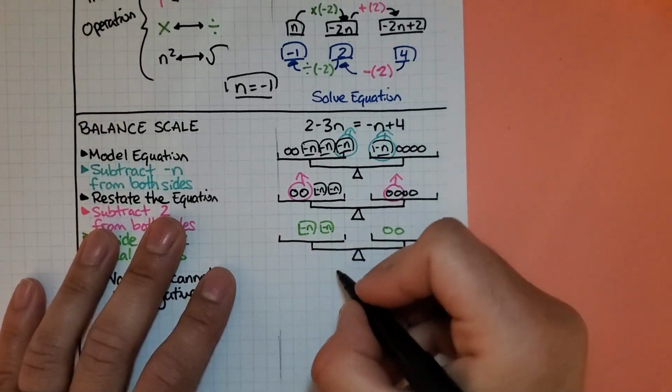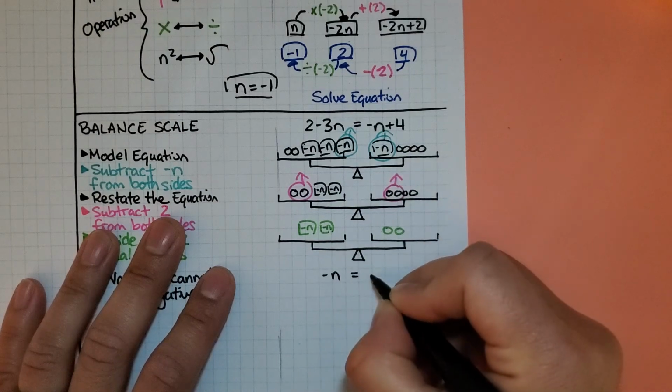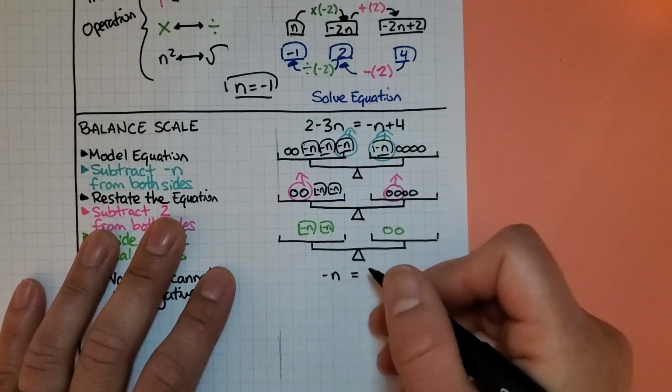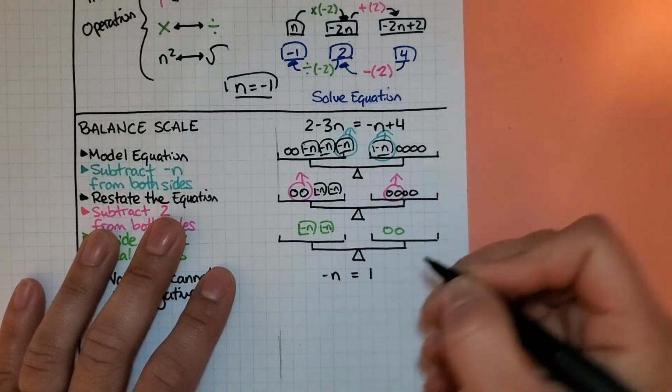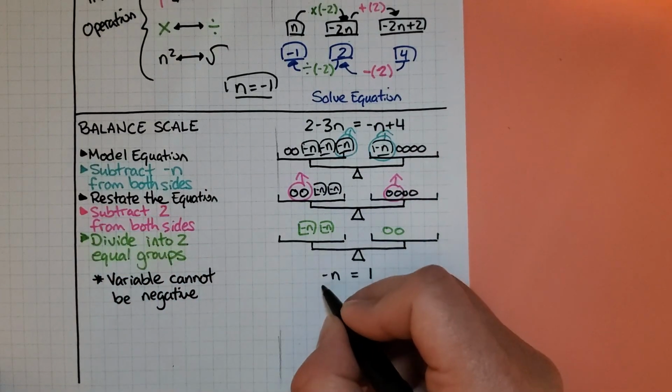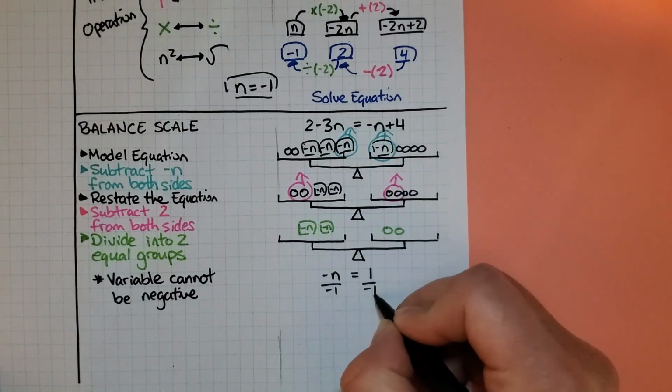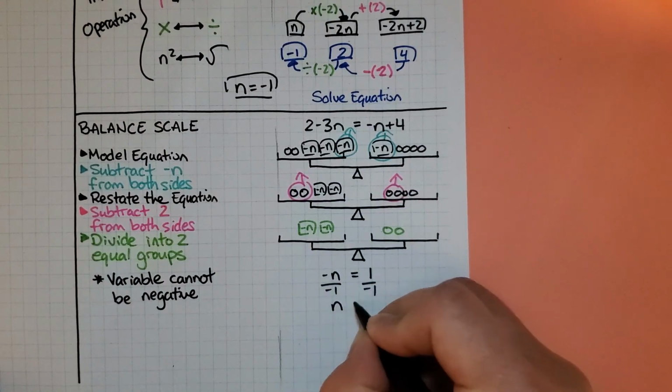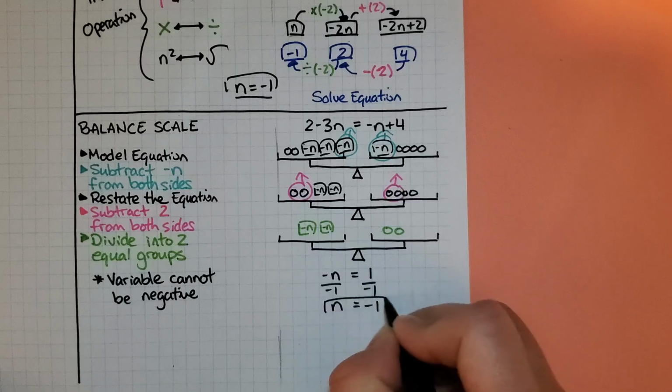So we find that -n equals, like one -n equals 1. But we can't have a negative variable. Therefore, we're going to divide by -1 on each side to get rid of that negative, and n equals -1.